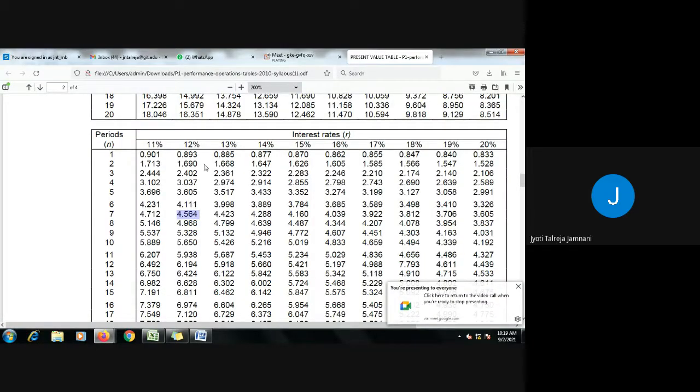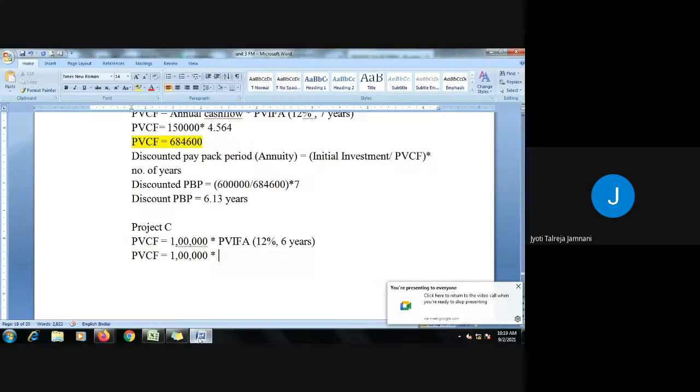We need 12% for 6 years, which is 4.111. So present value cash flows is equal to 1 lakh into 4.111, which is 4,11,100.